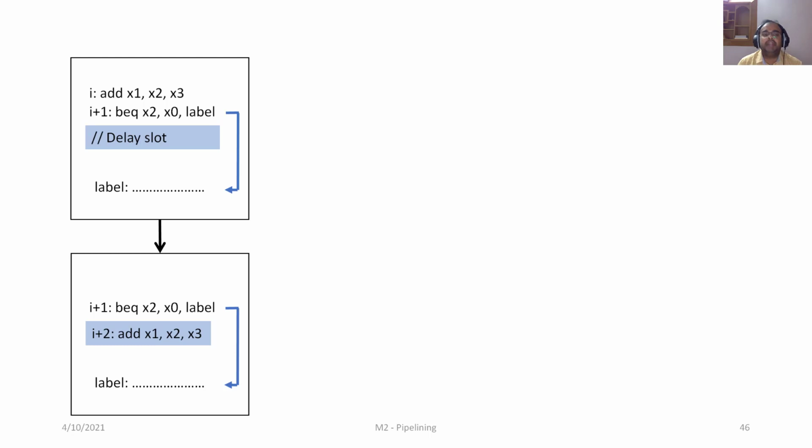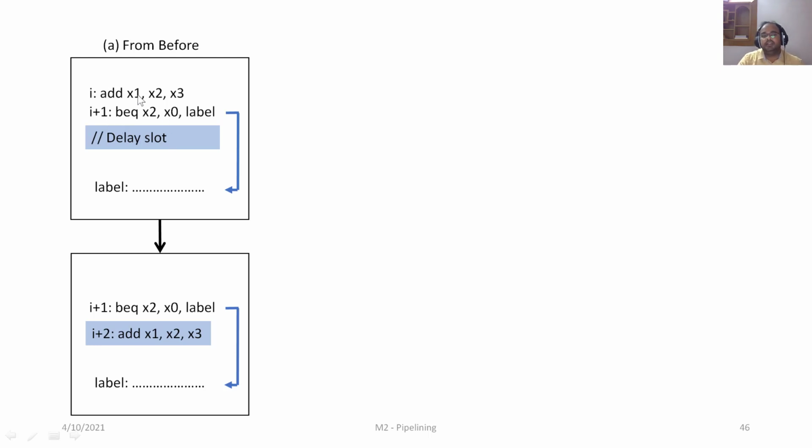So the add instruction has been moved after the BEQ instruction. And to do this, the compiler needs to make sure that there is no data dependency between I and I plus 1, first thing.